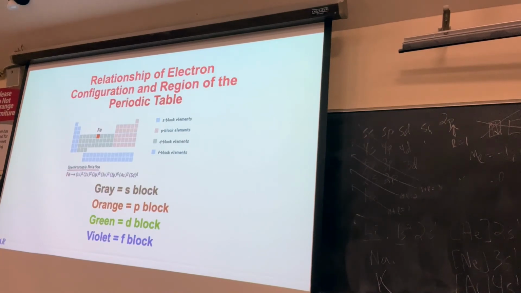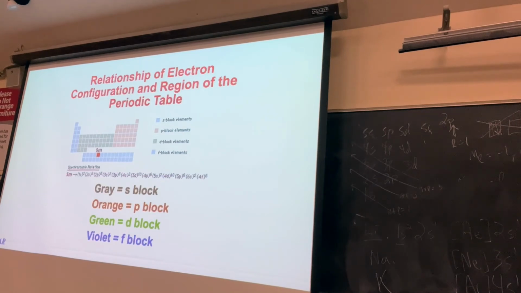So the main group elements are essentially the S and the P elements. The ones in the middle are the D block, and the ones down here are called F block. D is the transition metals, and F block is lanthanides on the top and actinides on the bottom.